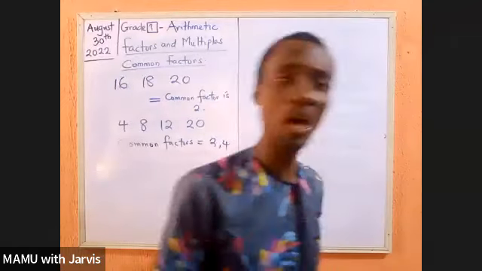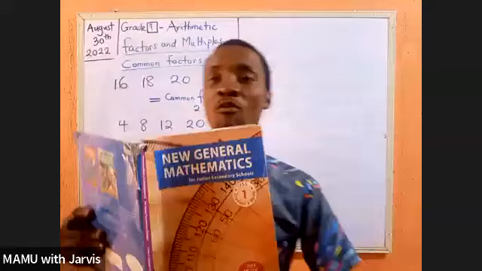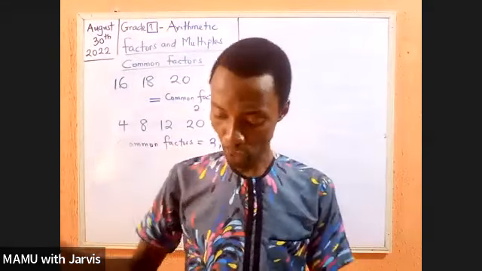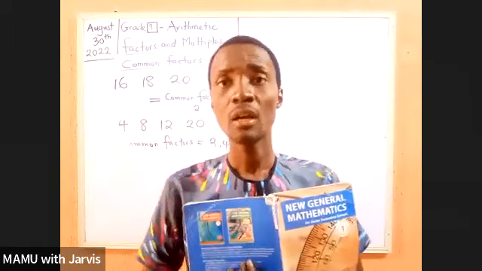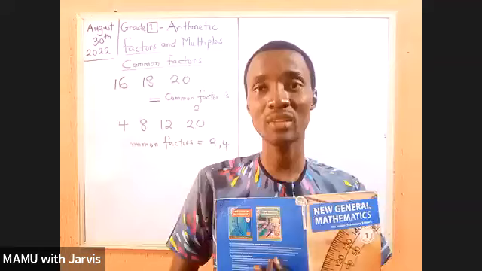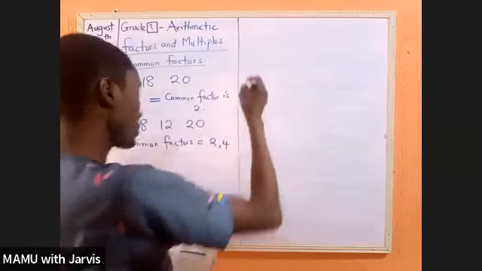To help us with our work this morning will be New General Mathematics for Grade 7, JS1. I will be on page 17, exercise 3E. I'm not going to solve everything, but I'm going to pick a few questions that strike a chord.